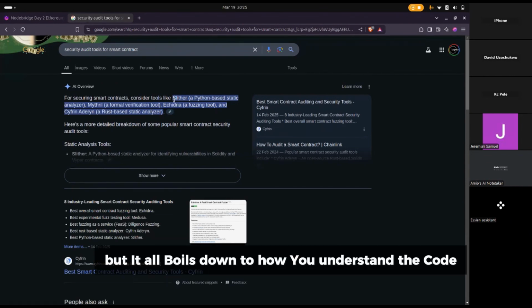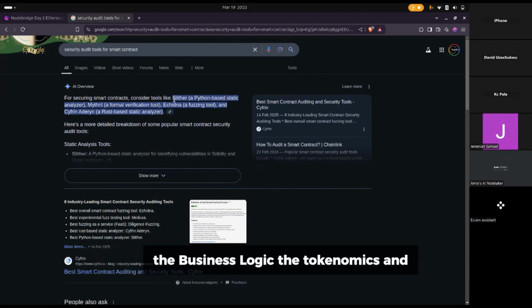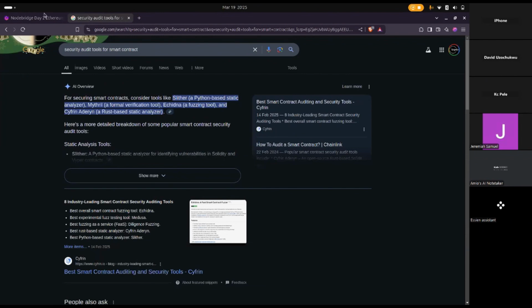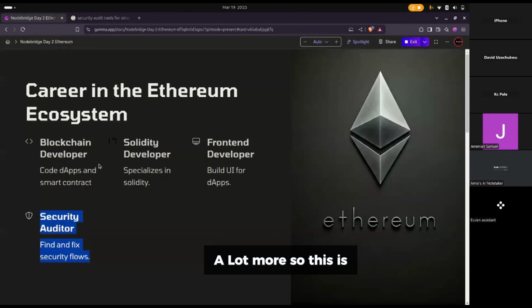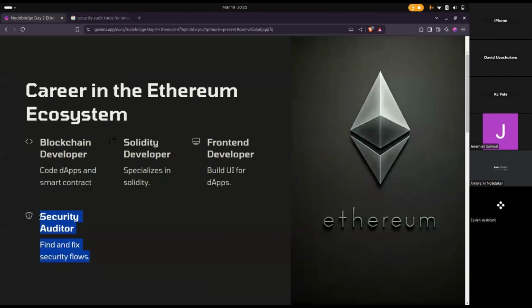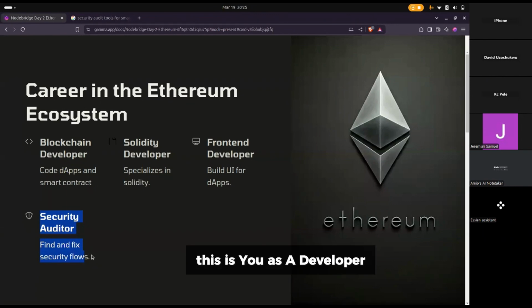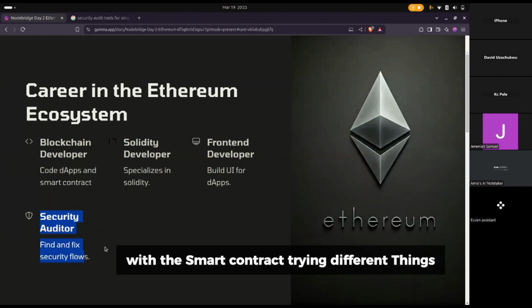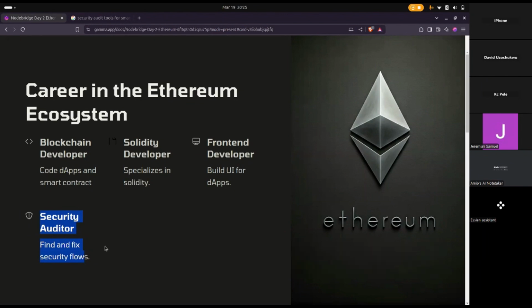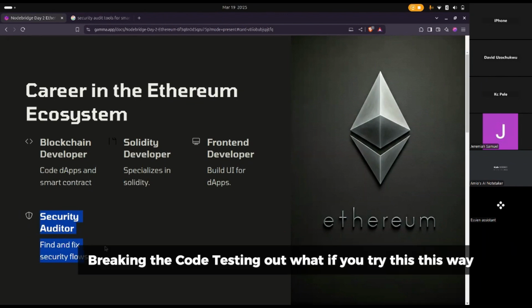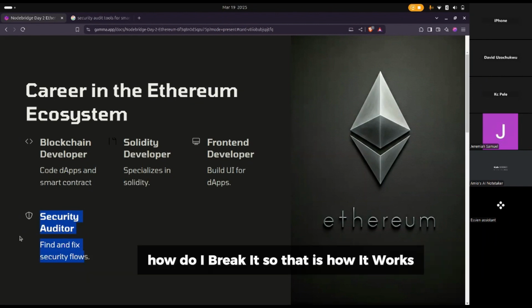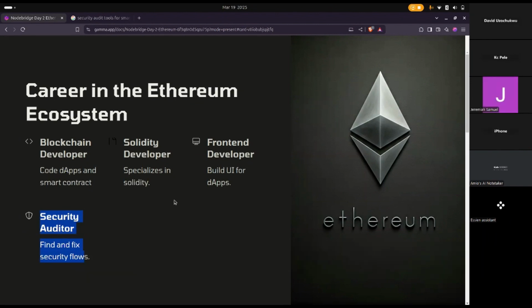But it all boils down to how you understand the code, the business logic, the tokenomics, and a lot more. This is beyond tools. This is you as a developer with the smart contract, trying different things, breaking the code, testing out. What if you try this way? How do I break it? That is how it works.